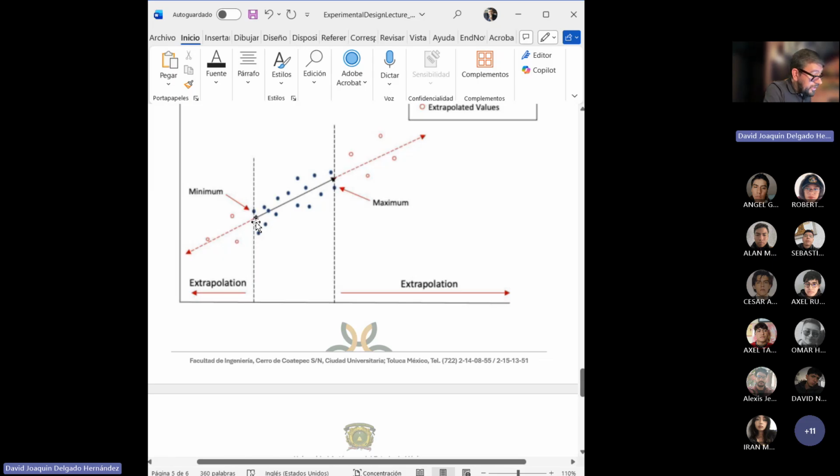Because if I am just playing here in this small range, it is practically the same. You cannot perceive the variation, but if you use an extreme value, you can actually see this variation.